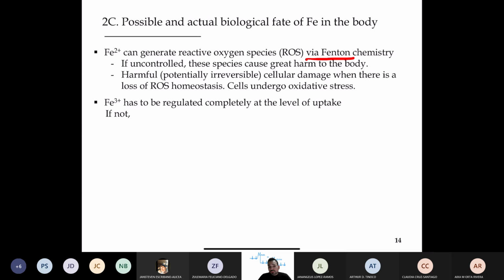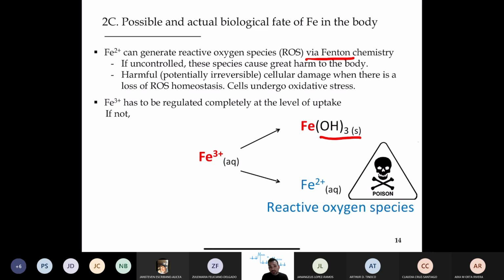So iron in this oxidation 3+ has to be regulated completely at the level of uptake. What do I mean by that? Well, as soon as the iron 3 is formed and is going to get released to blood, you have to then grab it because, right, if you don't grab it, as I already mentioned, it will precipitate. Okay, so then it becomes unavailable. Or if you don't grab it, it will get reduced back to iron 2, and then it'll be extremely toxic.